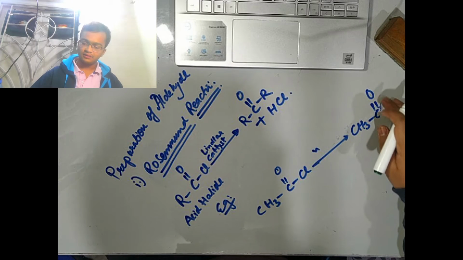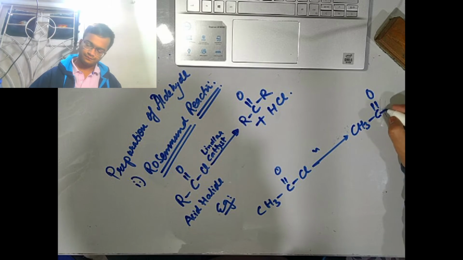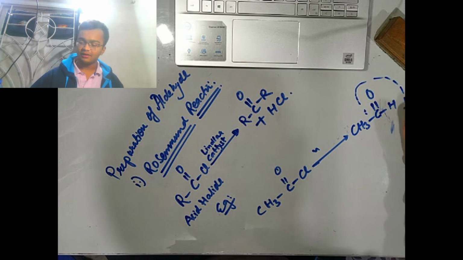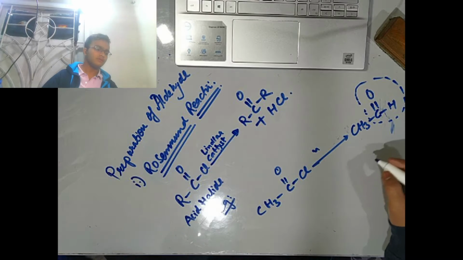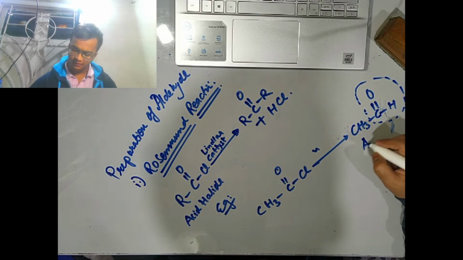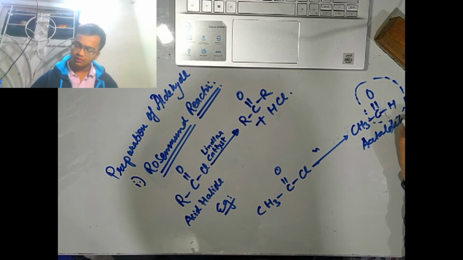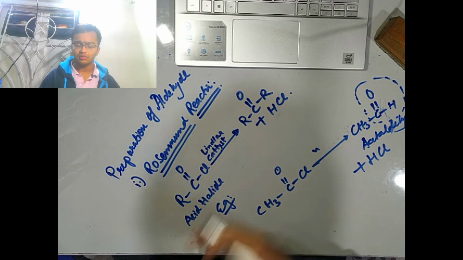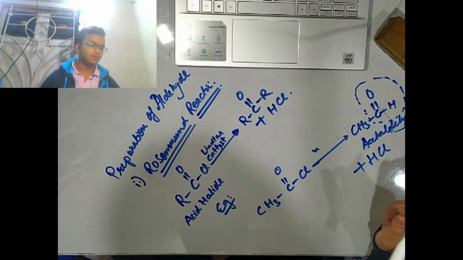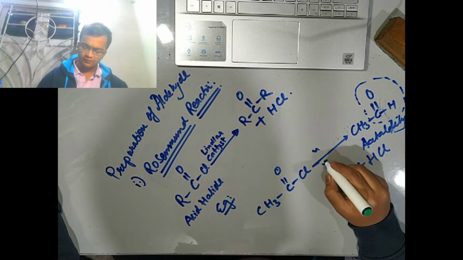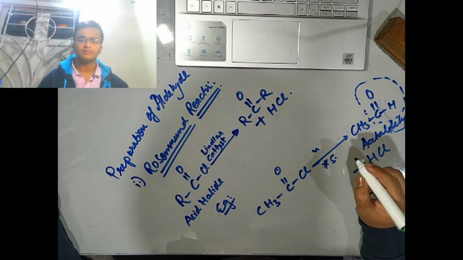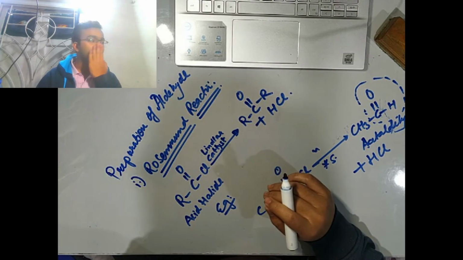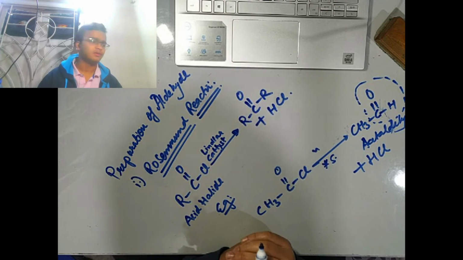This is acetaldehyde. See, this is the aldehyde group. Plus HCl, HCl is the outcome. I have already mentioned it here. In presence of sulfur, you have to do it like this. Poisoning with sulfur means the effect of the Pd and BaSO4 is reduced with the help of sulfur.